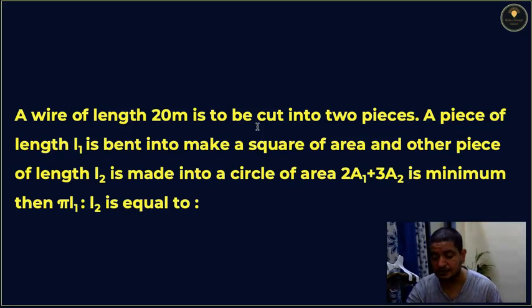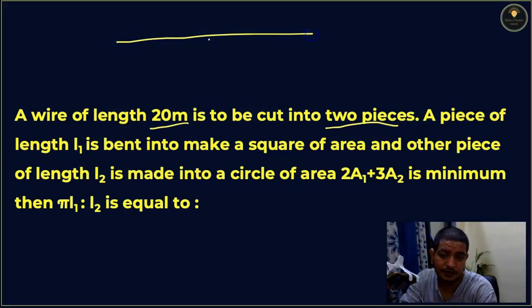The question is given as: a wire of length 20 meter is to be cut into two pieces. So I will say this is the wire that we are having. The first length we will take as L1, and the second length as L2.